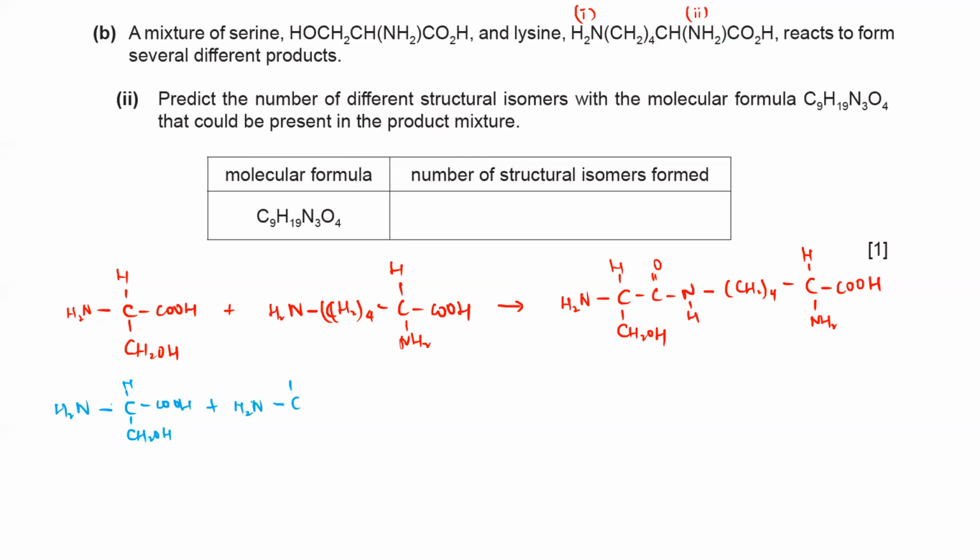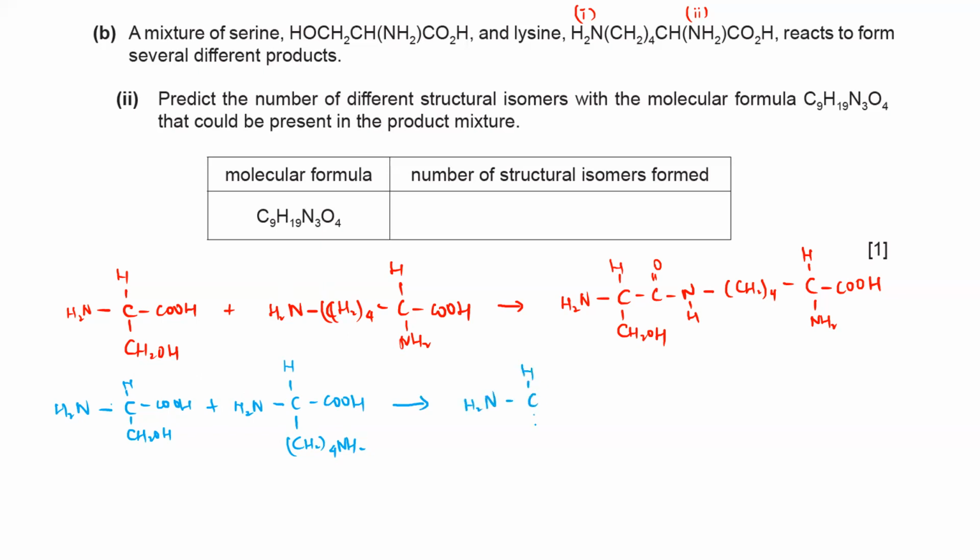So I draw this here. This time it's still H. This one I'll change to this position. CH2, 4, NH2 and COOH. Now again, I'll get an amide because these two functional groups will react with each other.